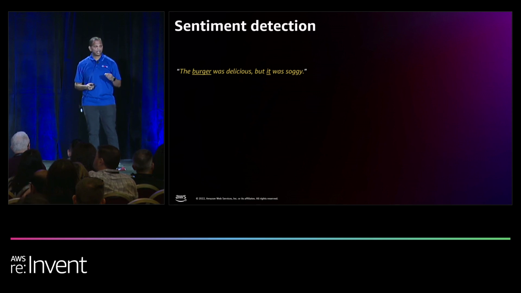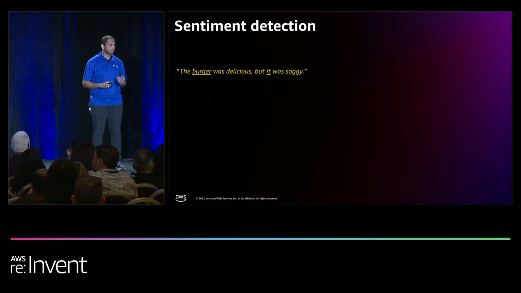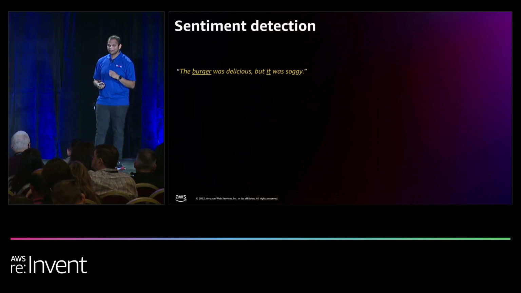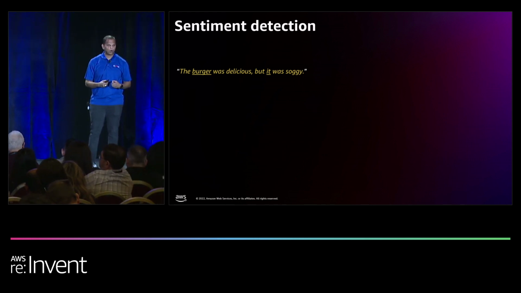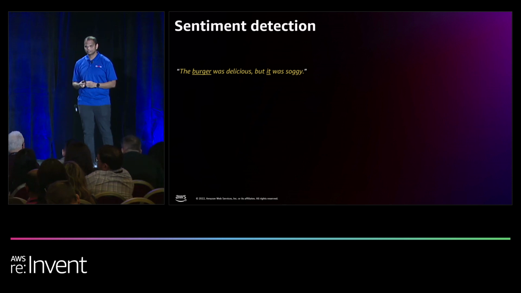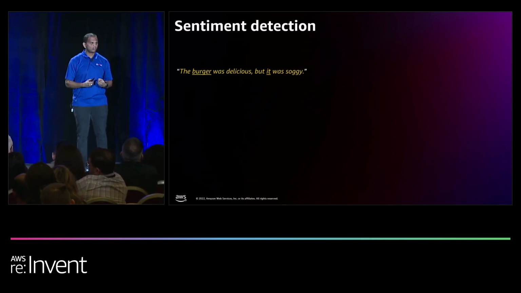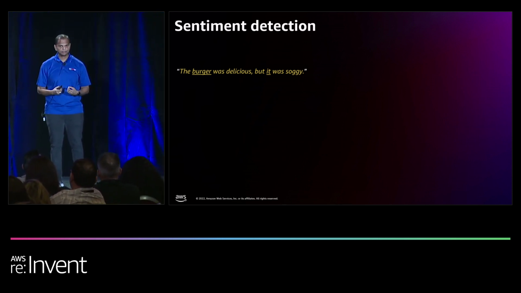So we have seen that there are multiple functionalities that Comprehend provides, and we have seen that through the demo also. But there is one other functionality that I would like to talk about, and that is sentiment detection. Whatever products or services you are offering to the market, you would always like to know the feedback about it, how the product is doing, how positive or negative the feedback is.